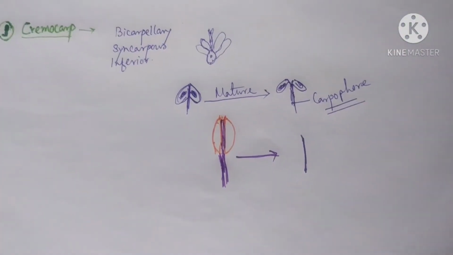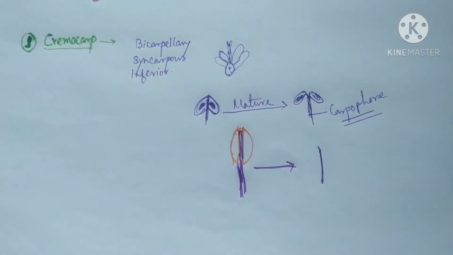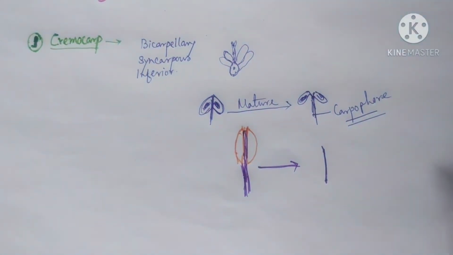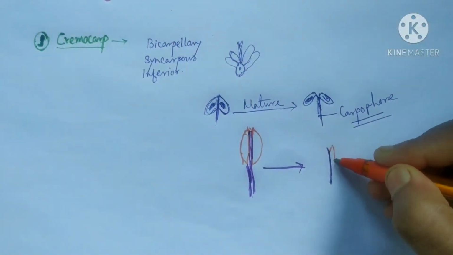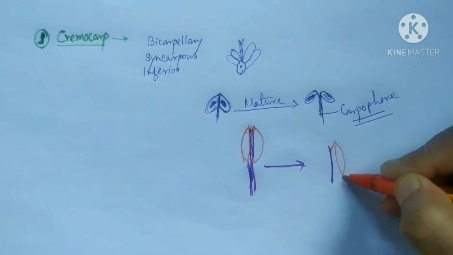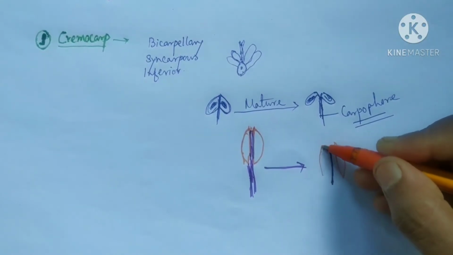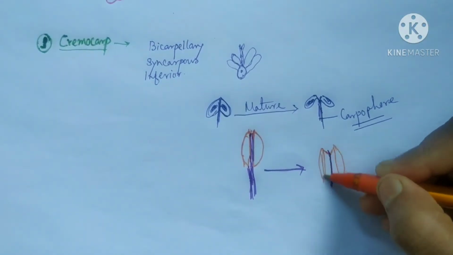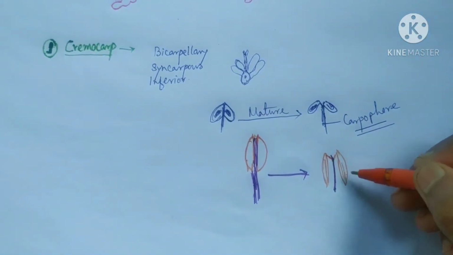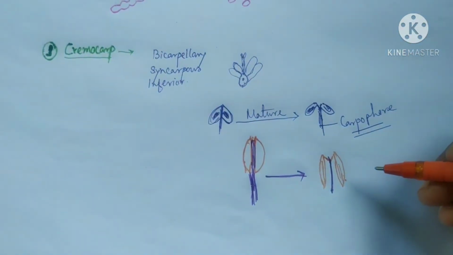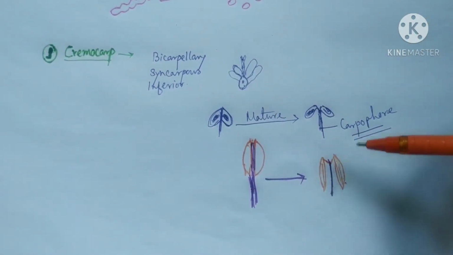After maturation, the carpophore remains the same, but these mericarps separate from each other, while their tip portion stays attached with the carpophore. This is Coriandrum sativum, an example of a cremocarp type fruit.